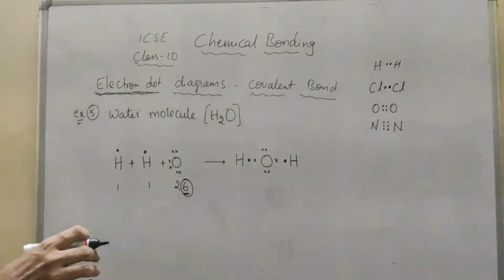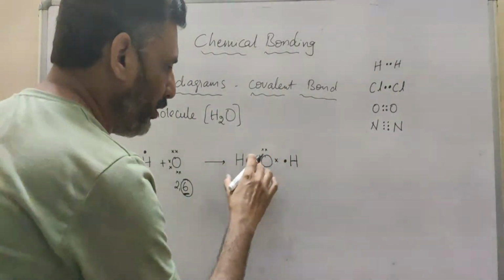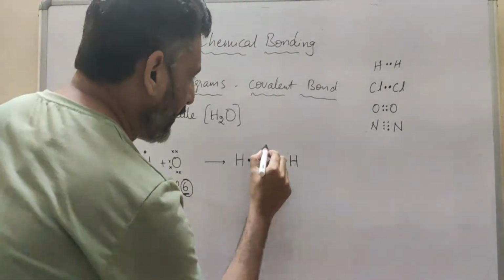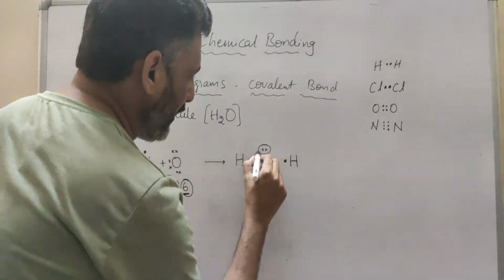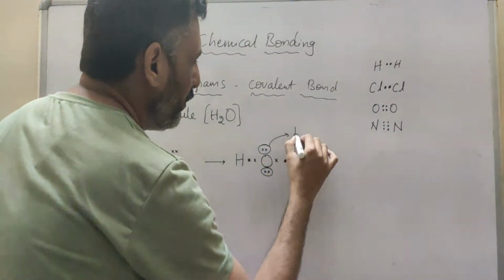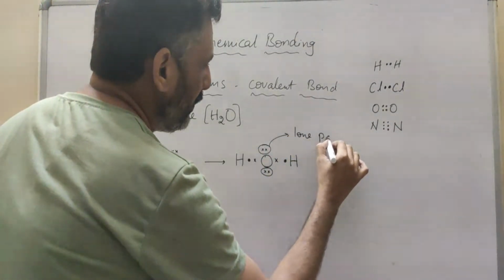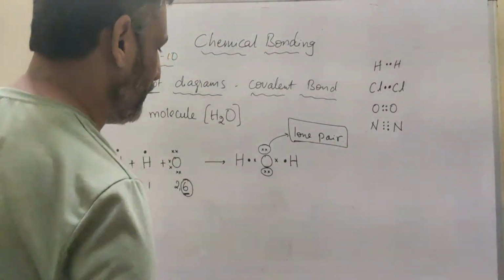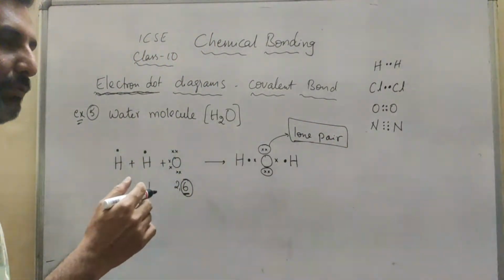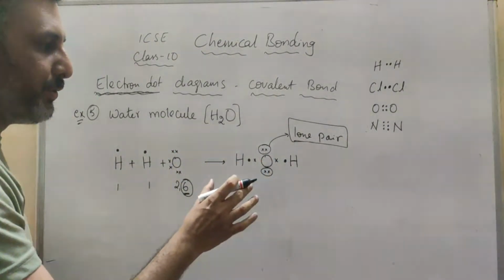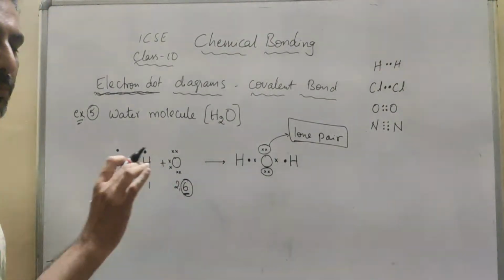When we talk about these molecules or compounds, you will see these electrons which are not participating in the bonding. These are called lone pairs of electrons. Very important definition, lone pair of electrons. In previous examples also we had lone pairs, but only in the case of the water molecule and the ammonia molecule do we talk about the lone pair.